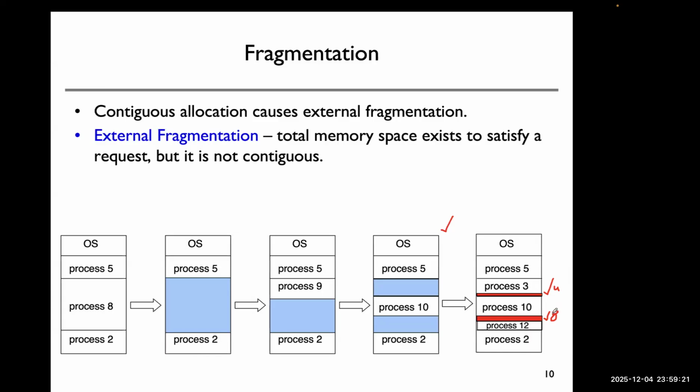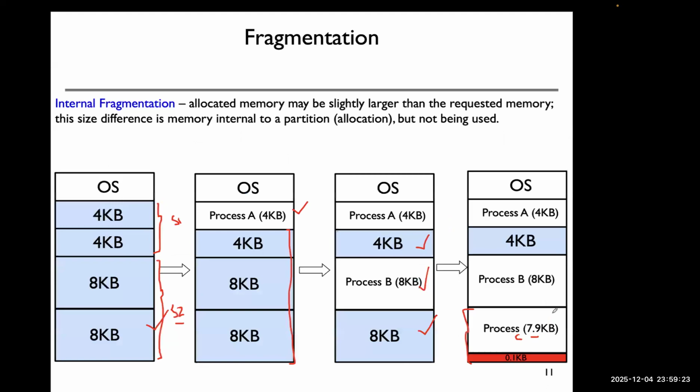However, there is a different solution which doesn't follow the restriction of contiguous allocation. In contiguous allocation, we are saying that the free memory holes must be next to each other. The next approach removes that restriction.